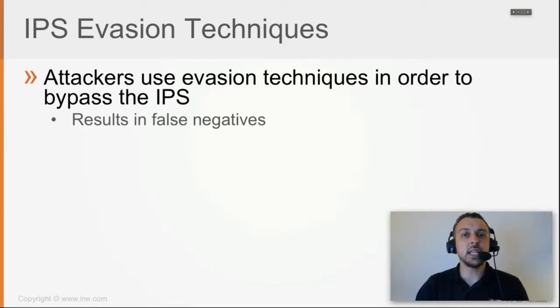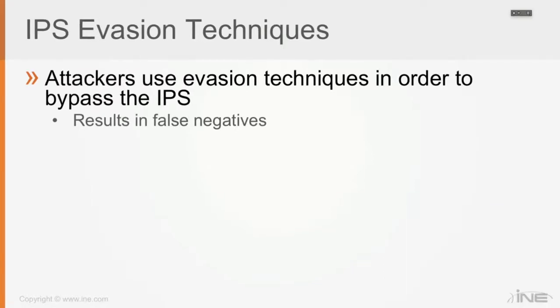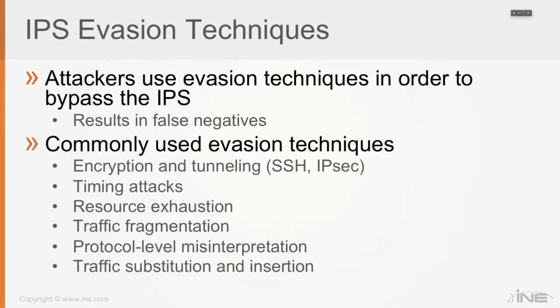It's negative, which means no alarm is fired, because the IPS states that traffic is not malicious, but actually it is malicious, so an alarm should have been fired because the signature should have been matched. Commonly used evasion techniques are encryption and tunneling. So the attackers try to bypass the IPS by sending malicious traffic within a VPN protected tunnel, where of course the IPS cannot decrypt the traffic.